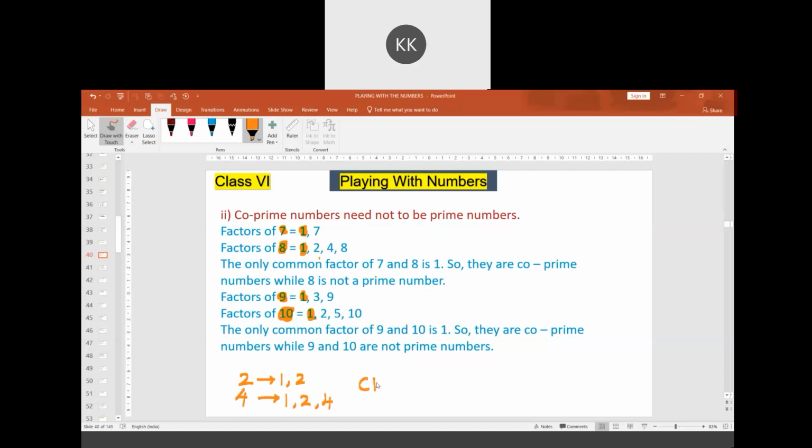In this, the common factors are 1 and 2. In that, the highest common factor is 2. Such numbers where something other than 1 is a common factor cannot be considered co-prime. So co-prime numbers should have a common factor of only 1. This you must remember.